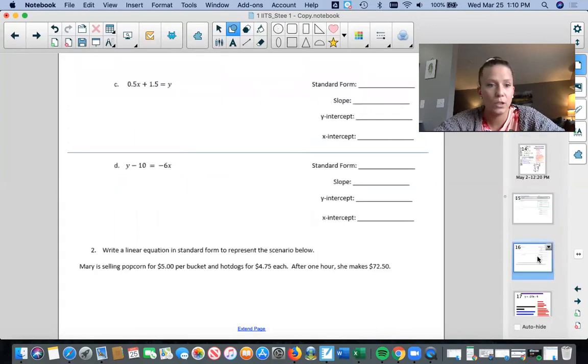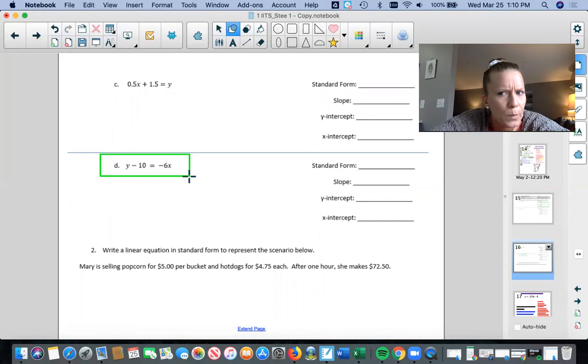I will give you a little warning. This one, technically, part D, is not in slope-intercept form right now. So you would actually probably want to move the y to join the x. That's kind of a challenge problem. That's more of what you're actually going to see in high school. So if you want to skip D, that's okay.